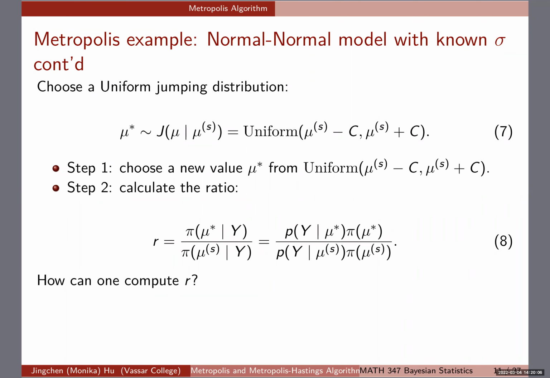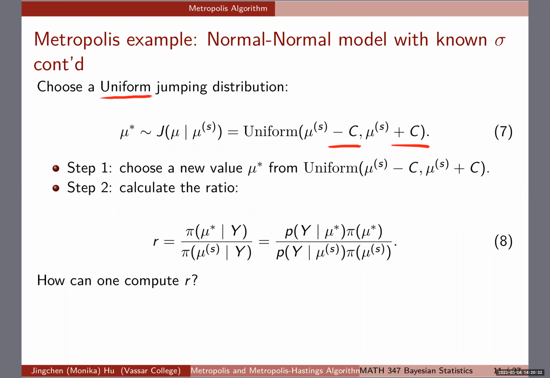Okay? So let's just propose, as a starting point, remember we talked about the jumping distribution being normal earlier, so you can have a symmetric jumping distribution. But another very commonly used jumping distribution for Metropolis is uniform. If I center at my current draw and give minus c and plus c as a range, that will be another symmetric proposal distribution.